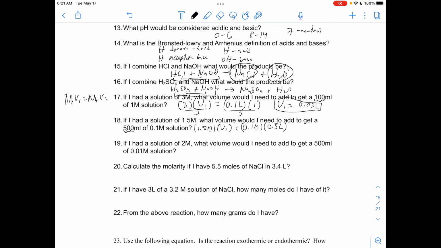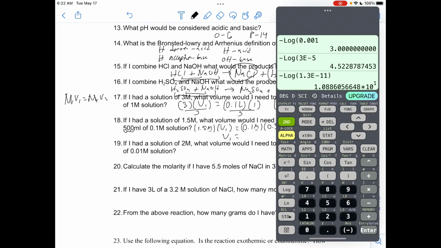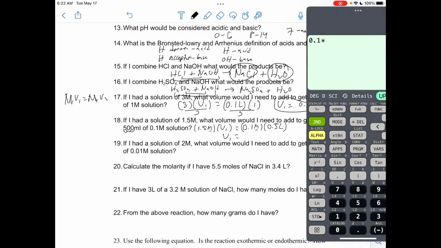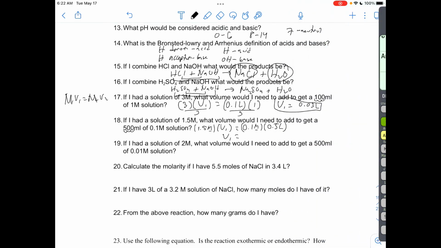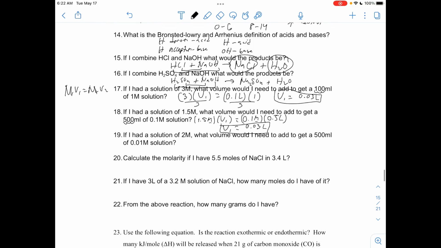Okay, so solve for V, divide by 1.5, so 0.1 times 0.5 over 1.5. Okay, 0.03, or 30 milliliters.